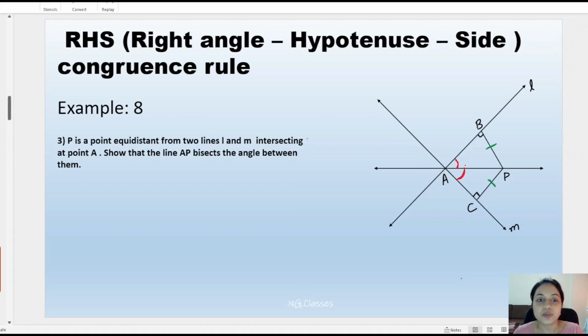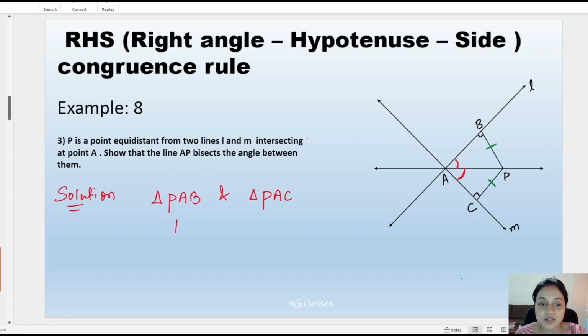Alright, let's do it. So here we can see two triangles. I am talking about triangle PAB and triangle PAC. Now in triangle PAB, we can see angle B is given as 90 degrees. Similarly, in triangle PAC, angle C is given as 90 degrees.